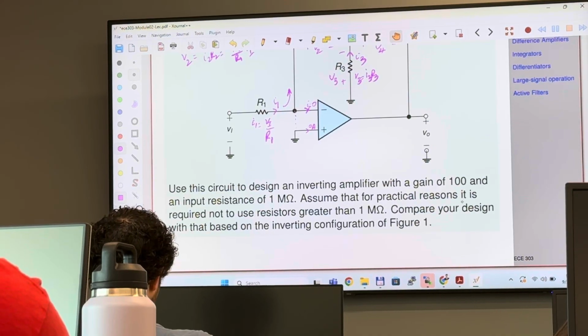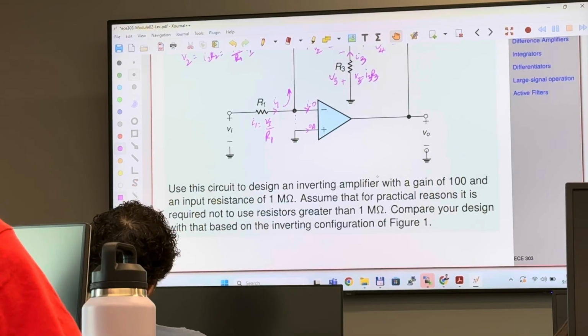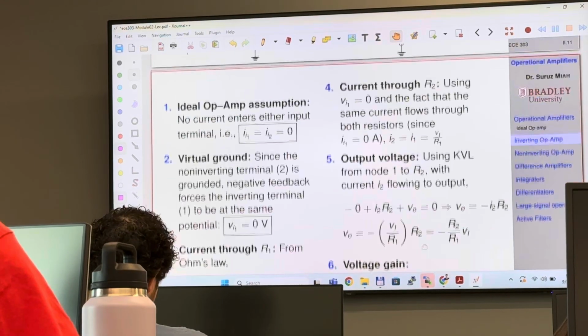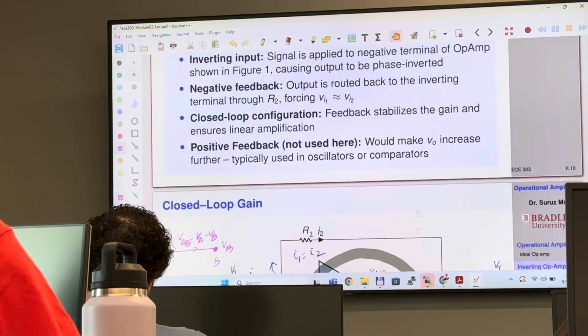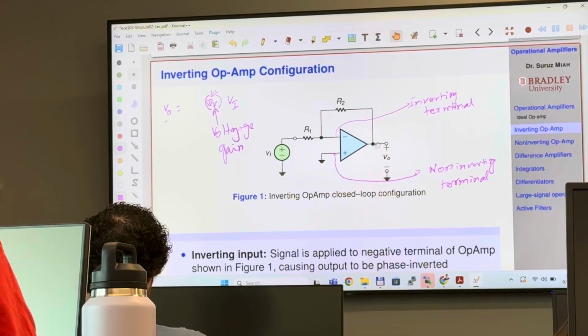Assume that for practical reasons, it is required not to use resistors greater than 1 megaohm, so you are not allowed to use any resistors more than 1 megaohm. In that case, compare your design with that based on the inverting configuration of Figure 1, which means I refer to this figure. This is also an inverting configuration.